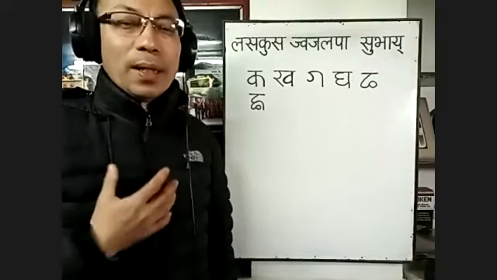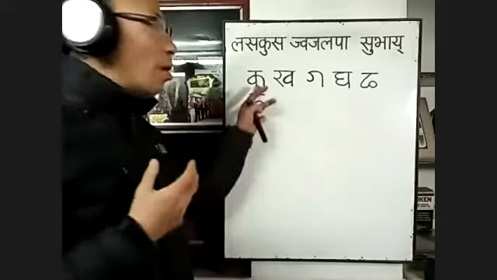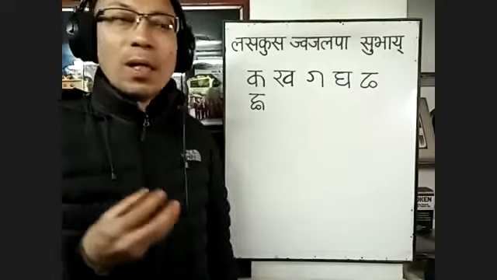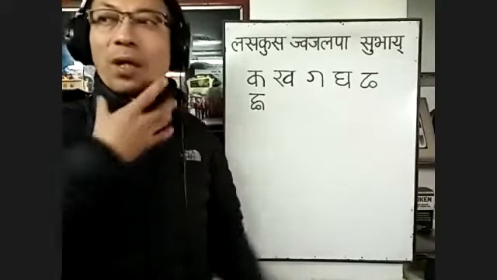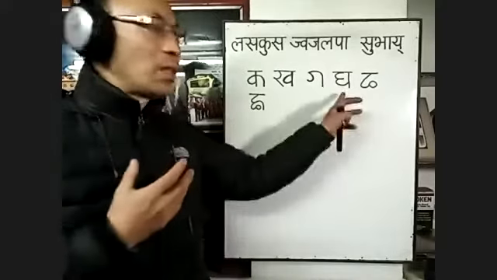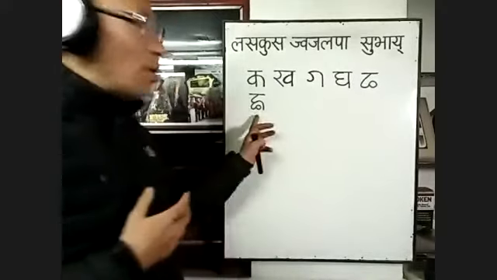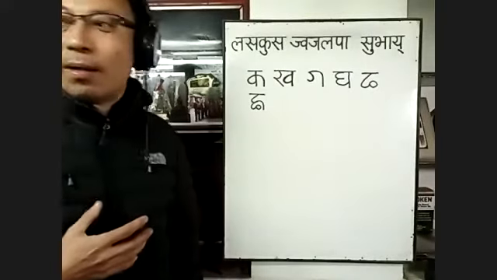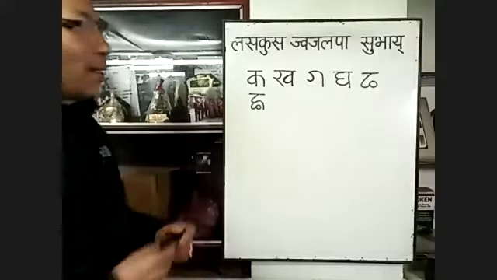When you pronounce ka, the sound comes only from the mouth, right? Ka, kha. But when you pronounce ga and gha, it comes from your throat. So this mho is also the same. It is pronounced from the throat.